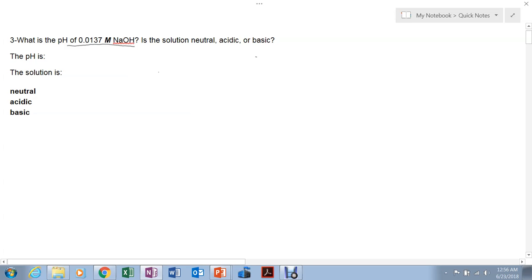NaOH is a strong base, sodium hydroxide, and it dissociates in water into Na plus and OH minus.